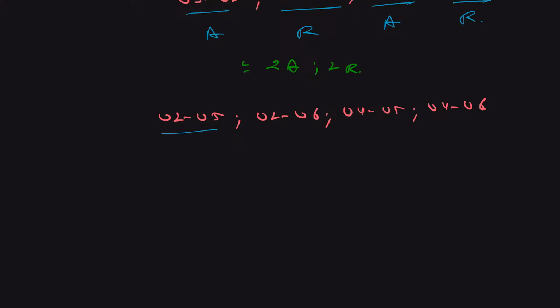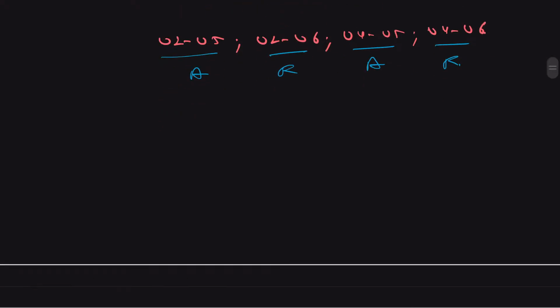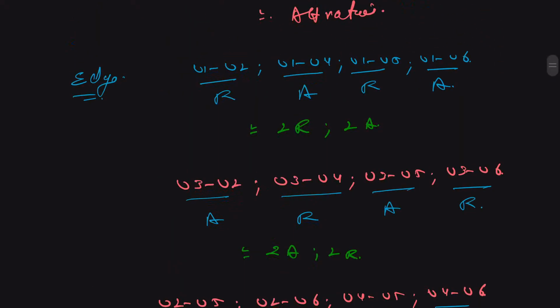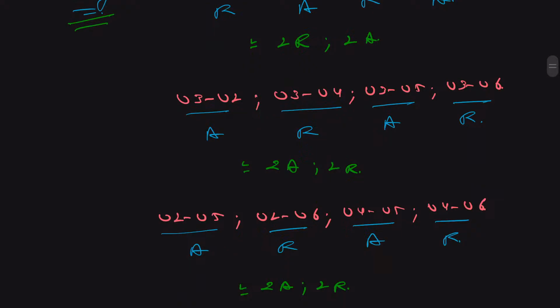So V2, V5 will be attractive, this will be repulsive, this will be attractive, and this will be repulsive. So we have 2 attractive and 2 repulsive. Therefore, for our edges, we can write that there are total 6 attractive forces and 6 repulsive forces.